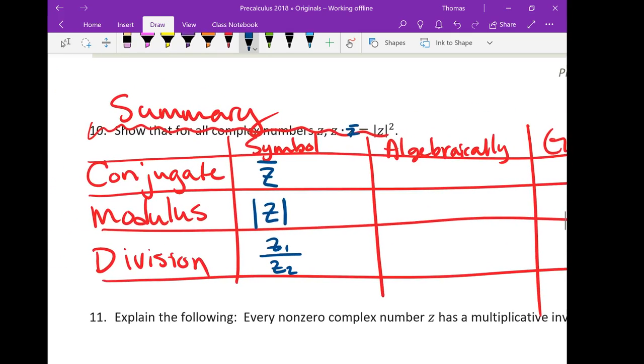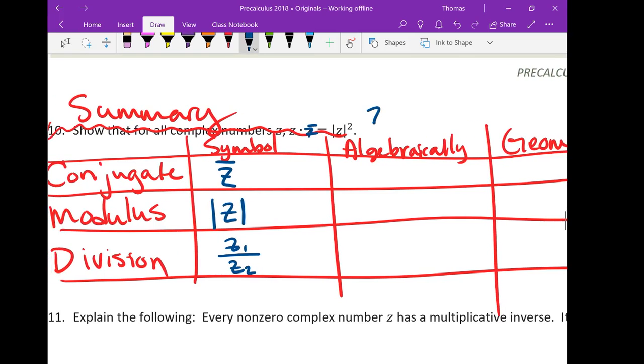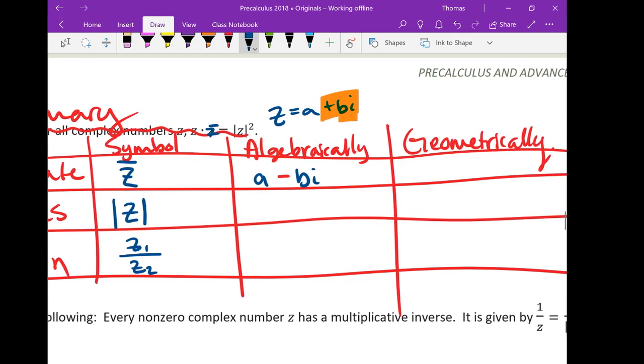So the conjugate algebraically: if our normal number is z equals a plus bi, our conjugate just changes the sign of the imaginary part. So change the sign on that imaginary term, so it would be a minus bi instead of a plus bi. All right.